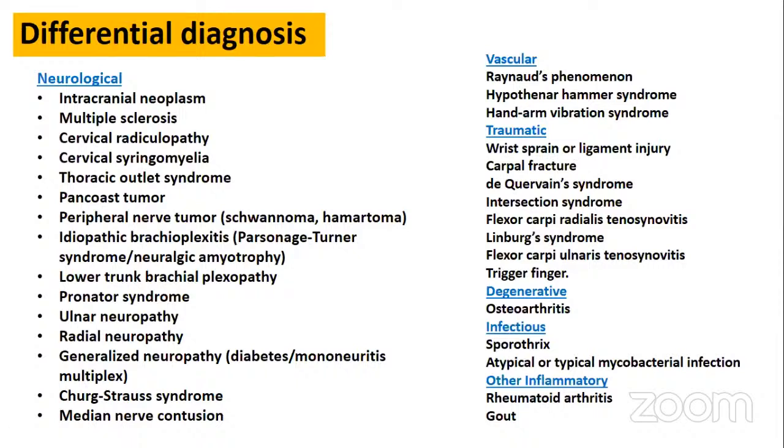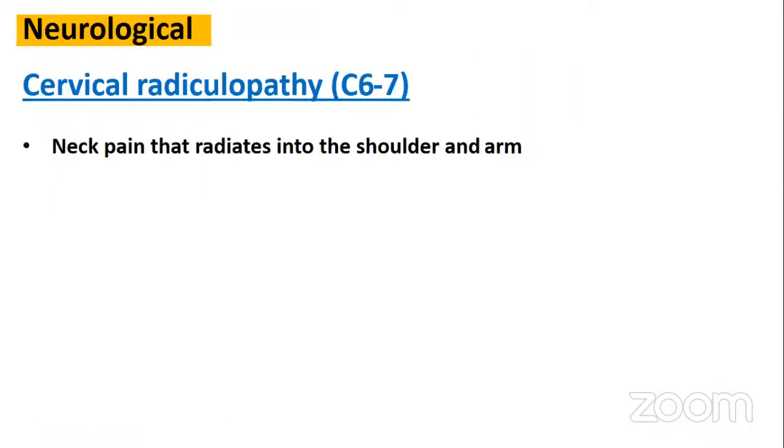This is the exhaustive list, especially the neurological ones, right from something intracranial to outside to all the possible nerve combinations you have. But you can also have vascular or traumatic, which is musculoskeletal, degenerative, infectious, and other inflammatory kinds of disorders. So this is a broad thing, but I'll just touch upon some very common ones.